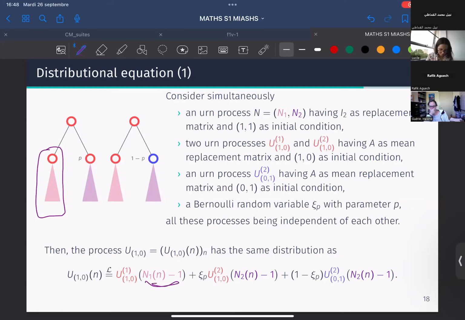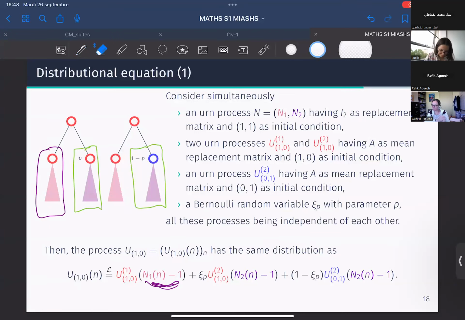So this is a random time. And it's the same thing as that, plus then you need to consider the other side of the tree, that's this one, or this one.